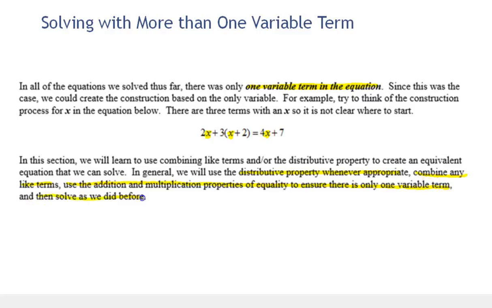Then we'll solve as we did before. So let's just sketch an outline. So our immediate goal is to have one variable term in our equation.